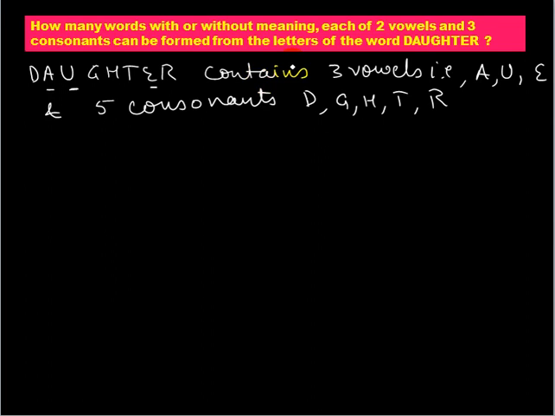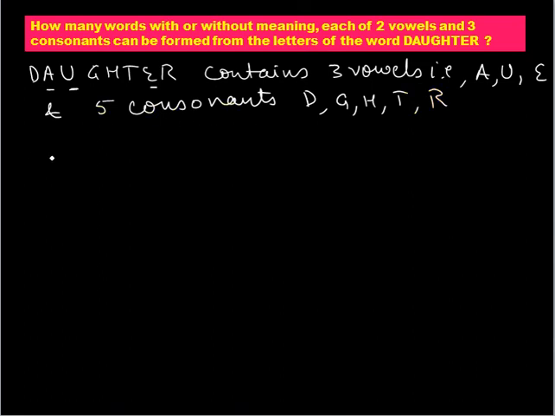Now the question says the 5-letter word which you are going to make, it should have 2 vowels and 3 consonants. So we need to first select the 2 vowels out of these 3 and 3 consonants out of these 5. So once that selection is being done, we are going to make words out of those. Okay.